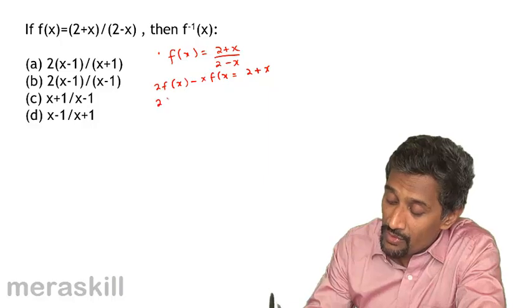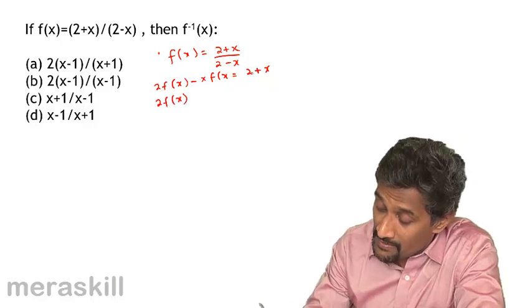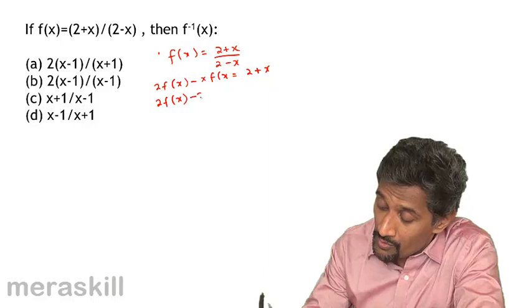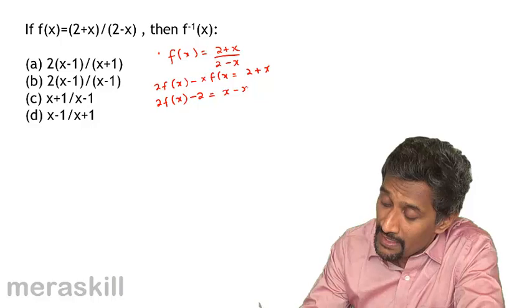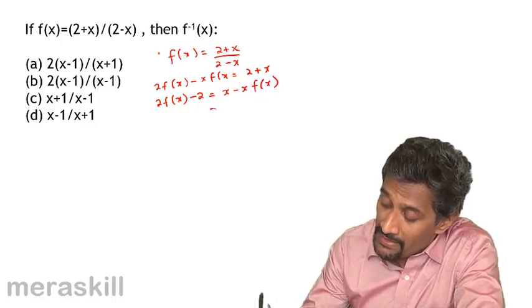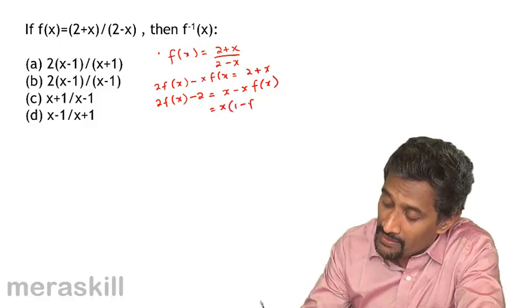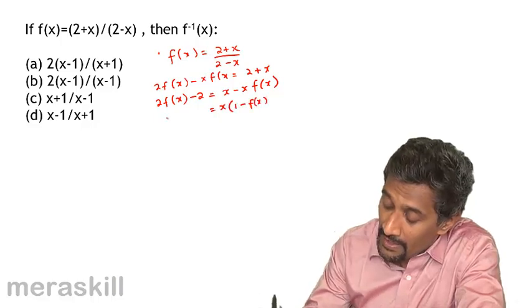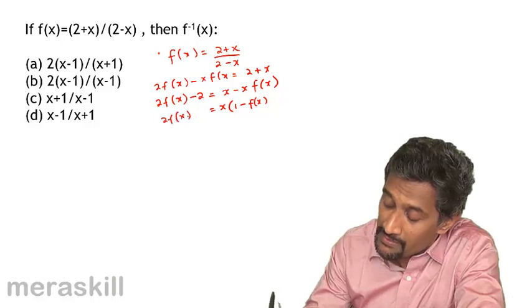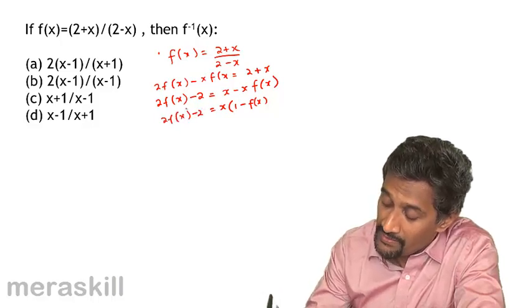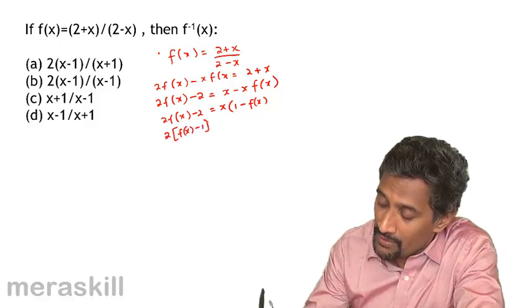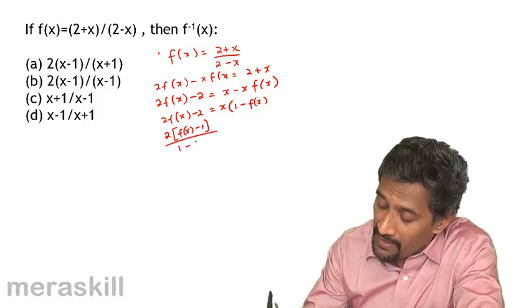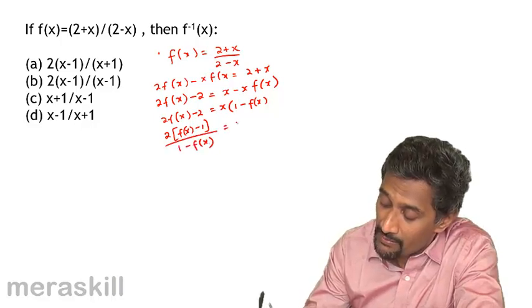Take this to this side, so you get 2 times f(x) minus 2 is equal to x minus x times f(x). So we can write this as x(1 minus f(x)) and this is 2(f(x) minus 2).